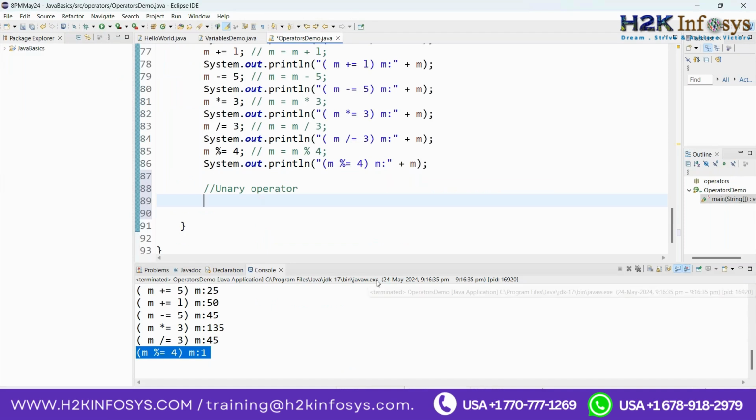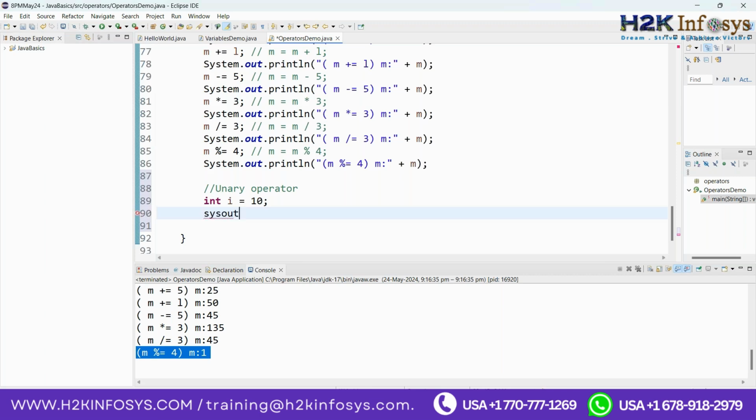Now let us see. For example, integer I equal to 10. If I print I, what would be my I value? 10 for now, no doubt in it.